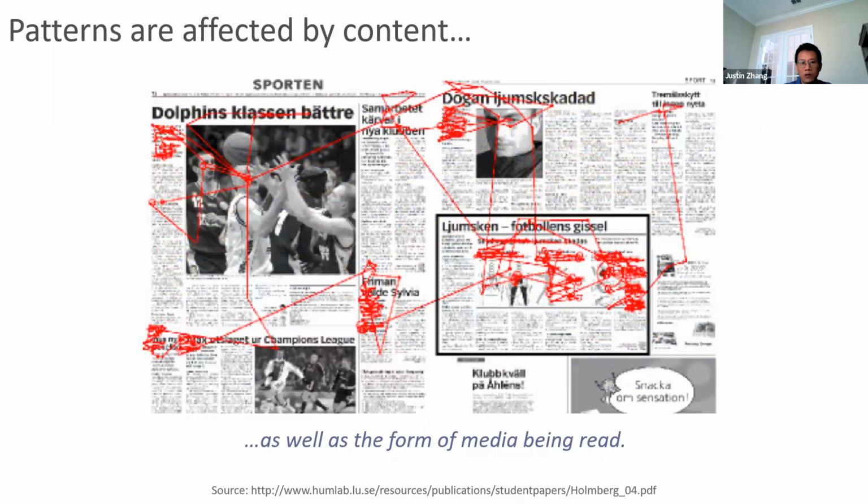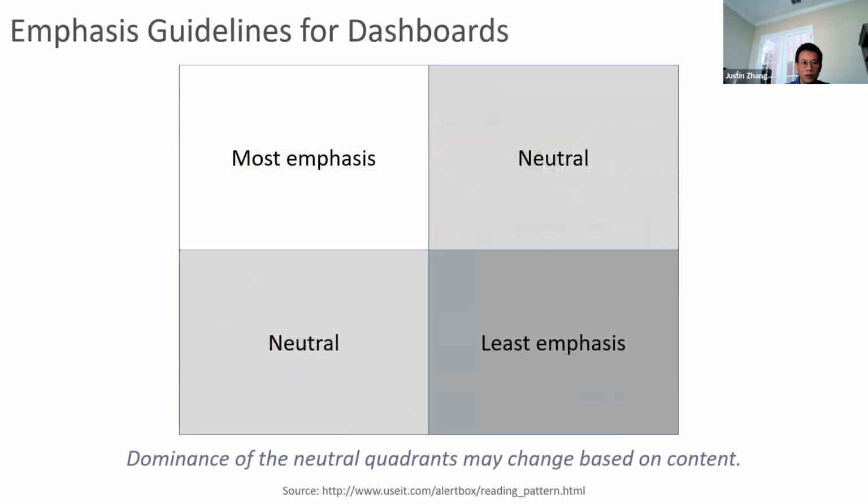Sometimes our eye movements may also be affected by the content. If you put some eye-catching images or bold titles and graphs, those will catch the audience's attention immediately. But here is the guideline we can normally use for dashboard design.